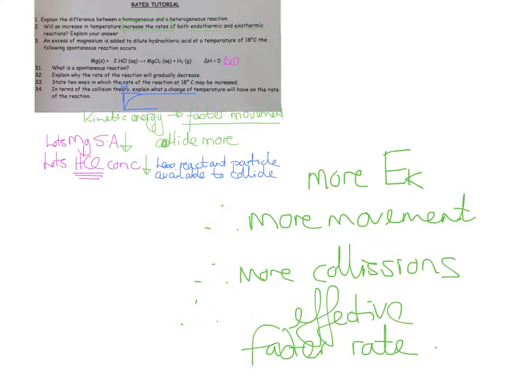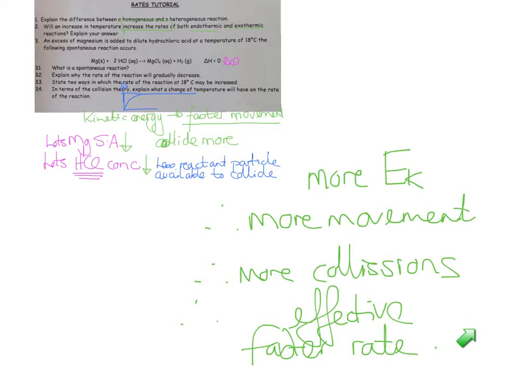This list is quite important because it comes up over and over again where they ask you to explain why something causes the reaction rate to go up. So the first thing you're going to say is, let's say, more surface area, more exposed particles, therefore more collisions, more effective collisions, faster rate. Or greater pressure. Greater pressure results in more particles coming close together to one another, and therefore more collisions, more effective collisions, faster rate.